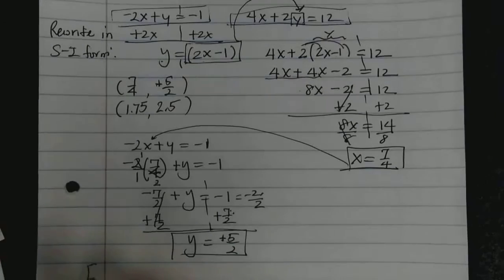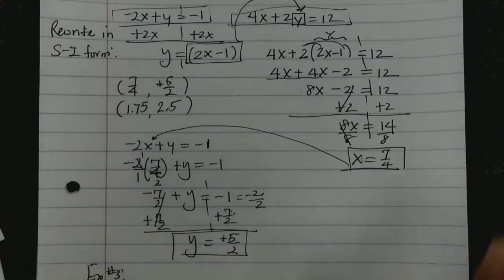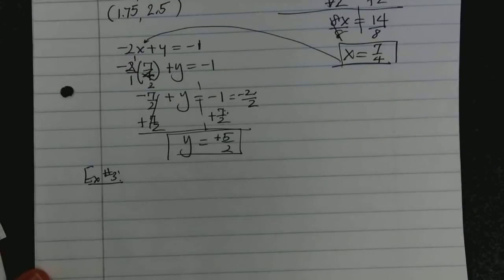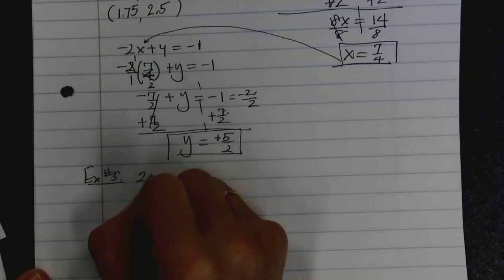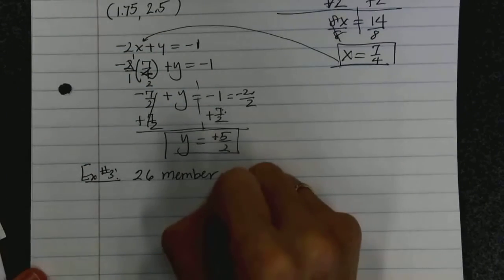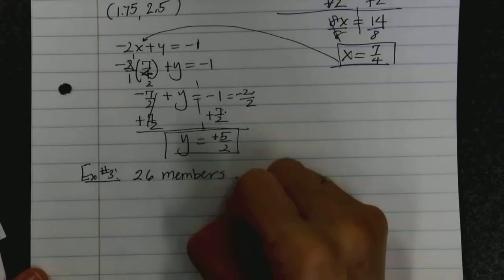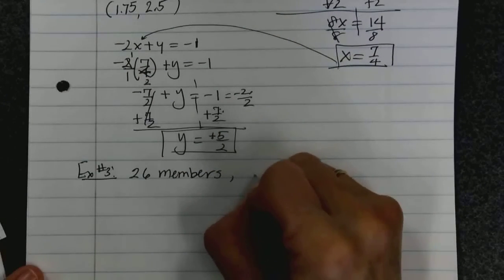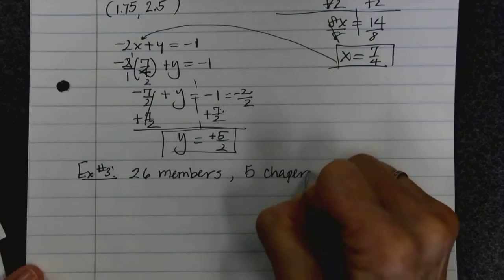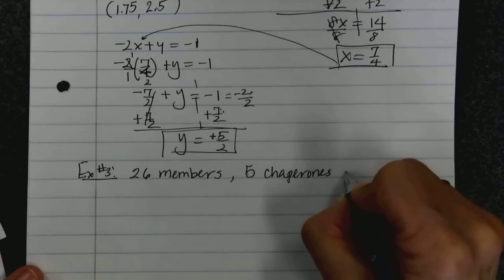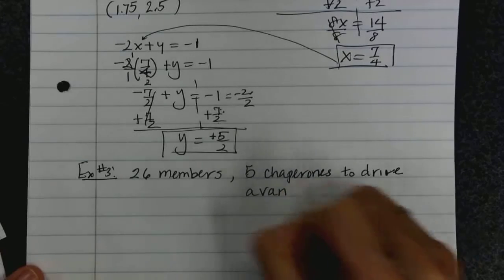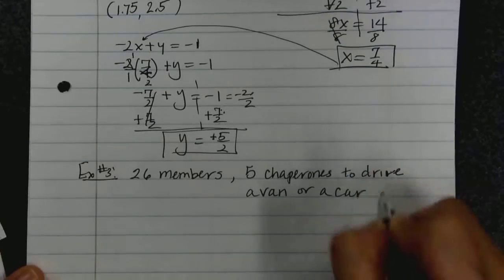In the last example, example number 3, it's a word problem. I have a youth group with 26 members going on a trip to a beach, and along with the 26 youth members, 5 chaperones will be joining them, and each of them will drive either a van or a car.